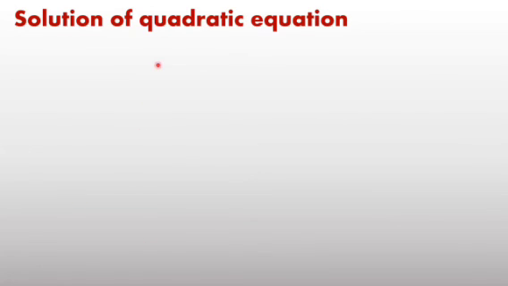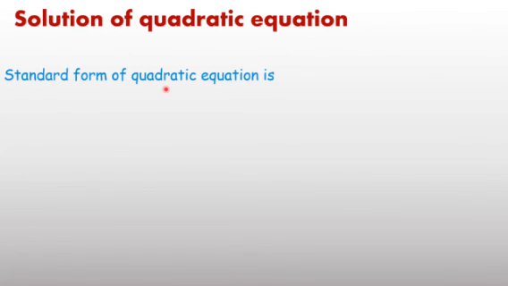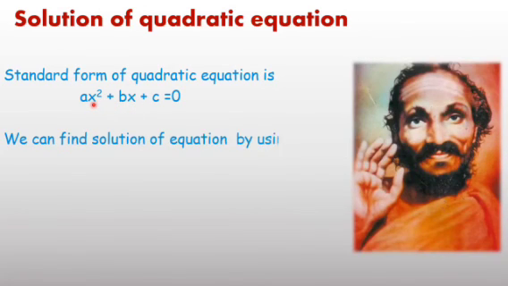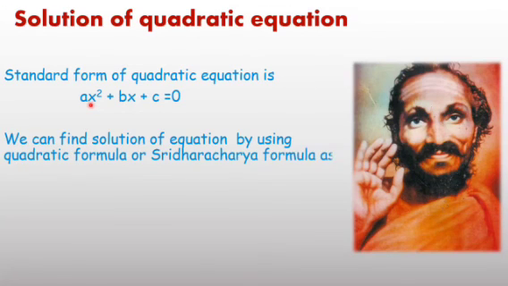Now if any quadratic equation is given, you have to find the values of x. I have to solve. Since all of you know the standard form is ax square plus bx plus c equal to 0 with condition a not equal to 0, and a, b, c are any real numbers. Then the solution we can find using the quadratic formula.